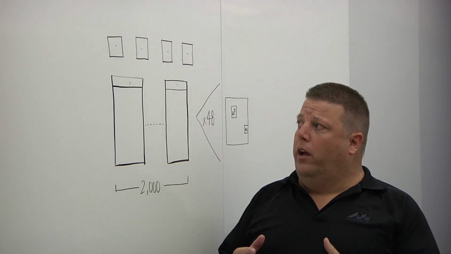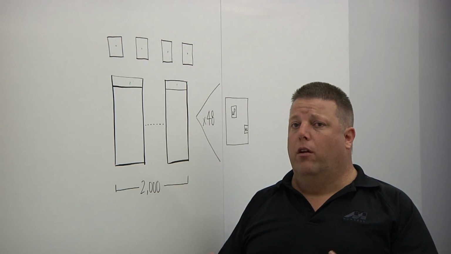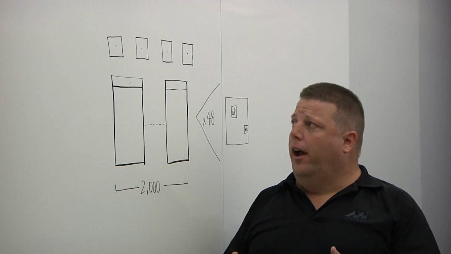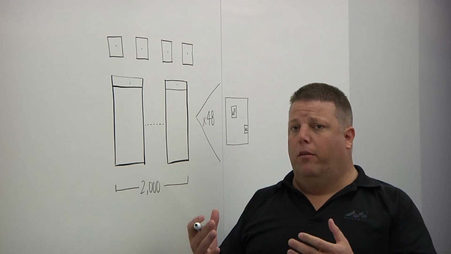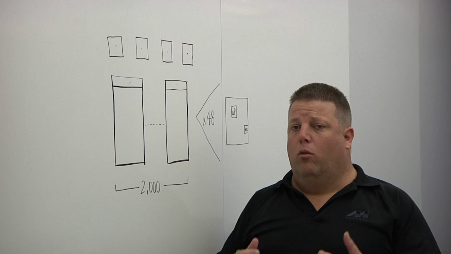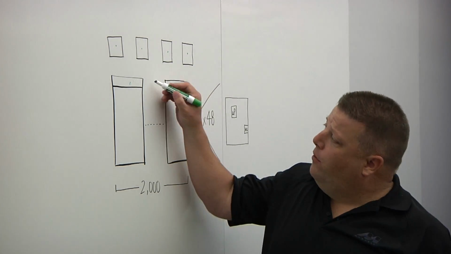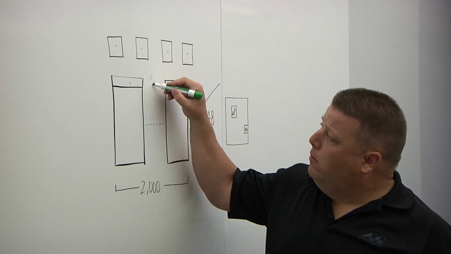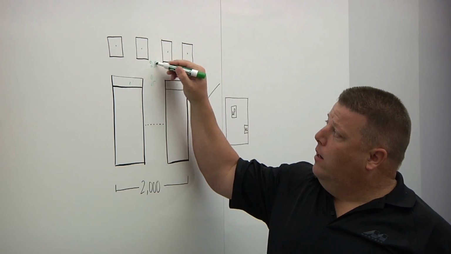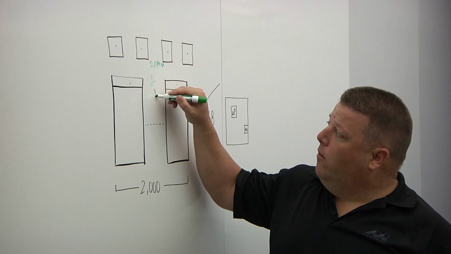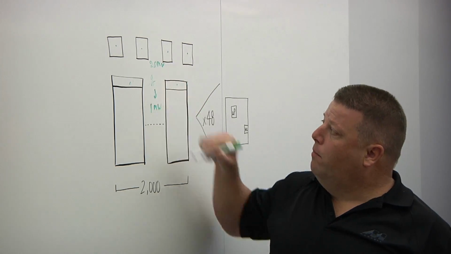We look at the networking as consuming around 10% of the total power of the data center. And by achieving a greater than 50% power reduction, we're equivalent to 5% of the total power. So 5% of the total power of a 20 megawatt data center is a full 1 megawatt.